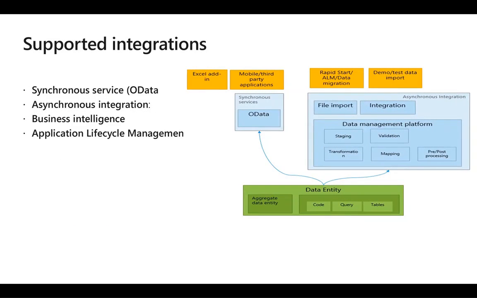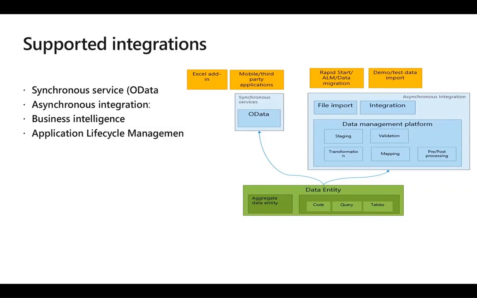Data management by using data entities can support the following integrations: synchronous service, OData. Data entities enable public application programming interfaces, APIs, on entities to be exposed, which enables synchronous service. This method is used for Office integration and third-party mobile app integrations.